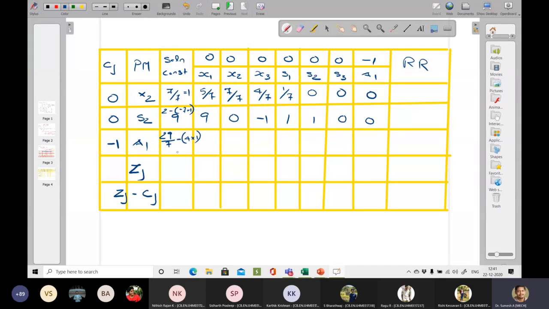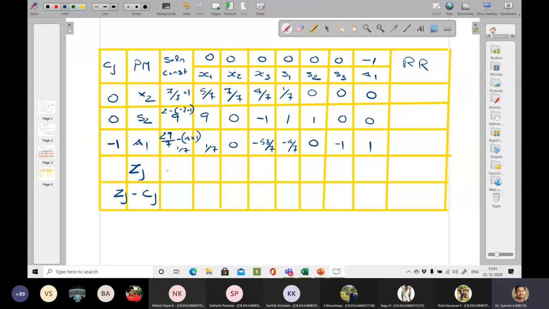So the value is 1 by 7. This is also 1 by 7. This will be 0, minus 58 by 7, minus 4 by 7, 0, minus 1 and 1.